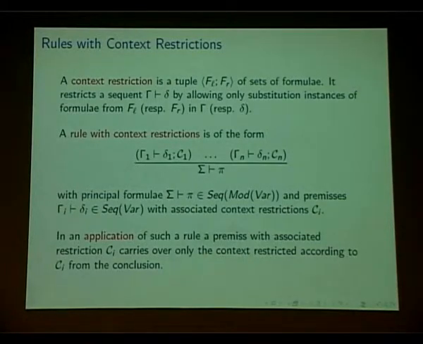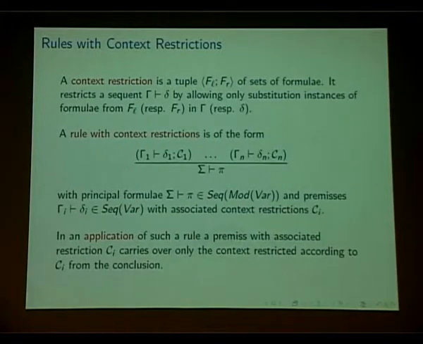You cannot have any propositional logic in there, just modalized variables. We also have a number of premises. A premise is a sequent gamma i entails delta i, which is just a sequent of propositional variables, together with a context restriction. So the modal rank drops by 1 if we go from the principal formulae to the premises.